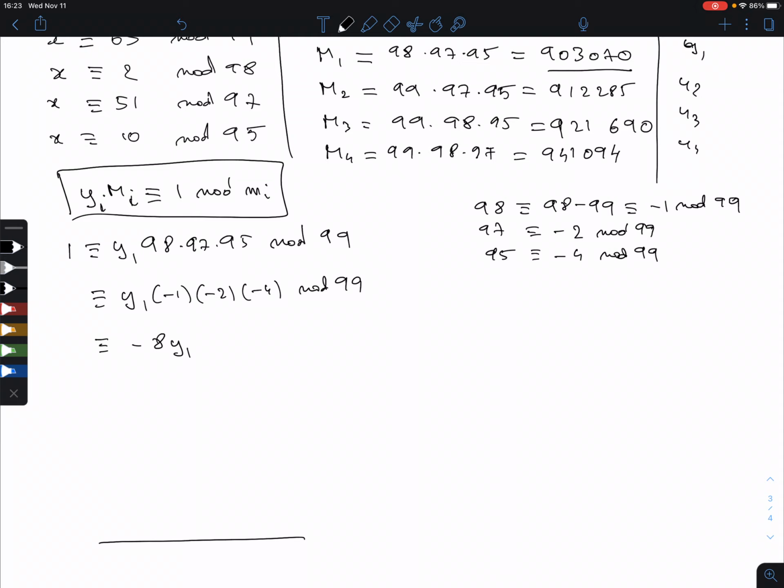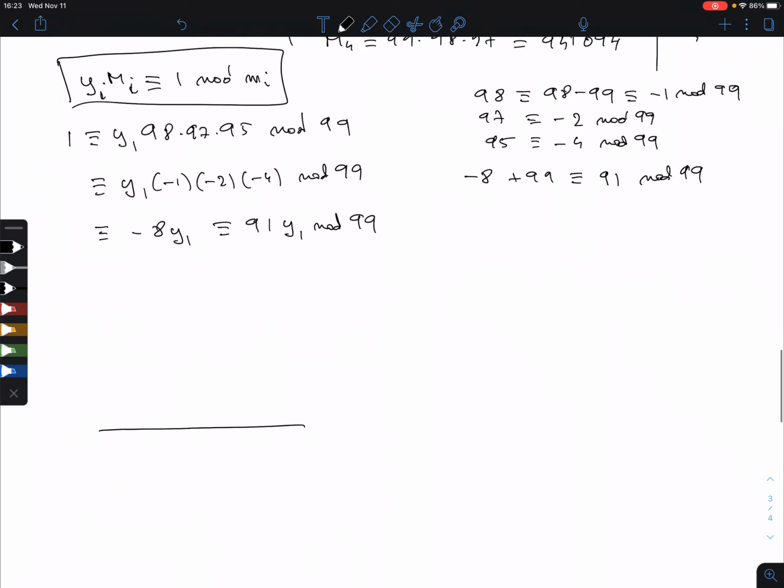So now I can say, okay, I have to solve this. So I have to find the inverse of minus 8 mod 99. Now, minus 8 plus 99, that is equivalent to 91 mod 99. Okay, so this is the same as 91 times y1 mod 99. So now I'll go back to my positive number because I want to do the division algorithm, and you should only use it for positive numbers.